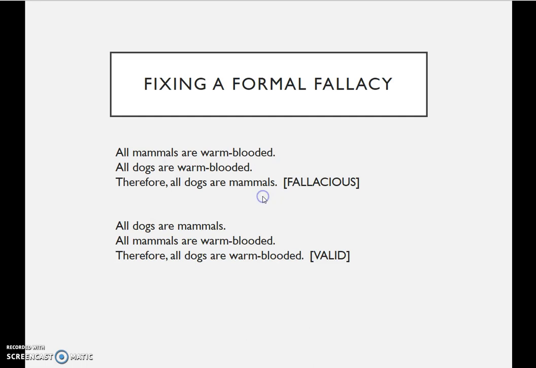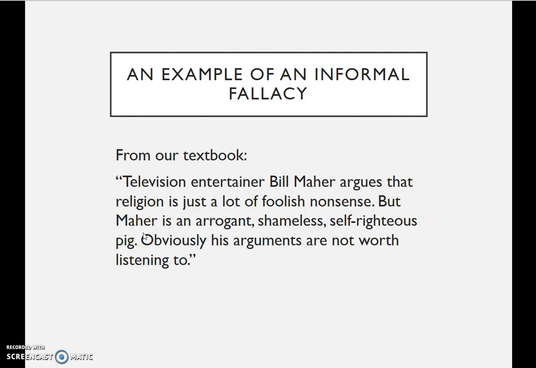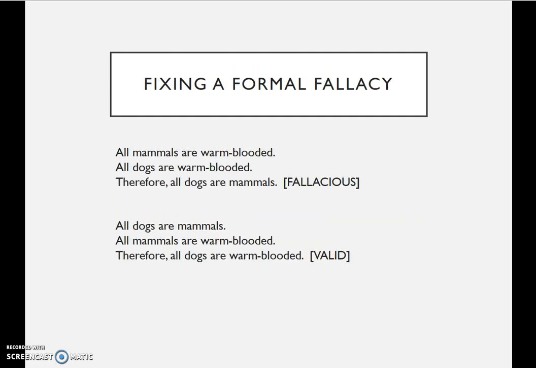So if you take those statements and rearrange them in the correct way, in accordance with a valid form, then you get a valid argument. All dogs are mammals, all mammals are warm-blooded, therefore all dogs are warm-blooded. That is a valid argument.